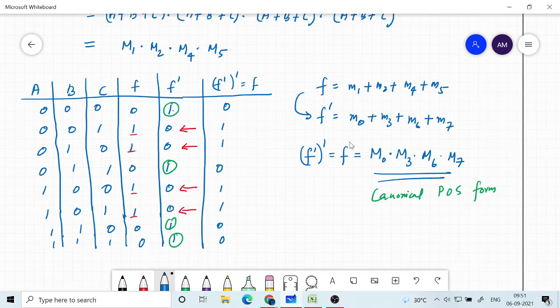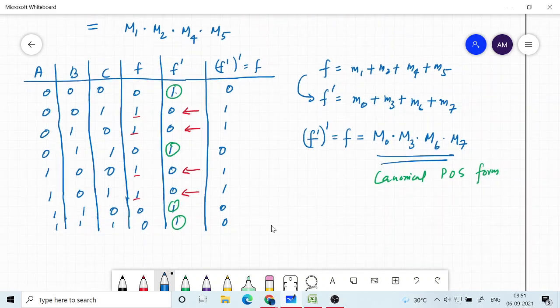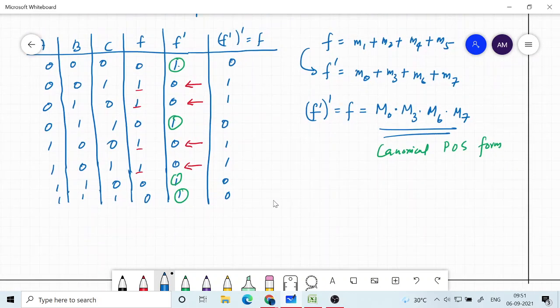Whatever is present will be absent, and the remaining ones you take, and then you apply one more complement and write the expression using DeMorgan's theorem. That gives you capital M0 dot M3 dot M6 dot M7, which is the canonical POS form. Alright, so this is the way. You can go in the opposite direction also, with the same procedure.